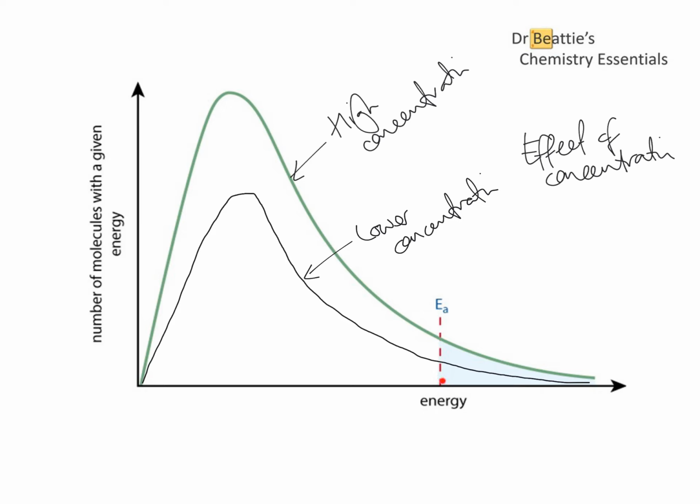And also the number of particles in this region of the distribution, i.e. those with more energy than the activation energy, is roughly half as well. But the proportion is exactly the same: this green area as a percentage of the overall area of the curve is exactly the same as this area here as a percentage of the overall curve of this lower concentration.